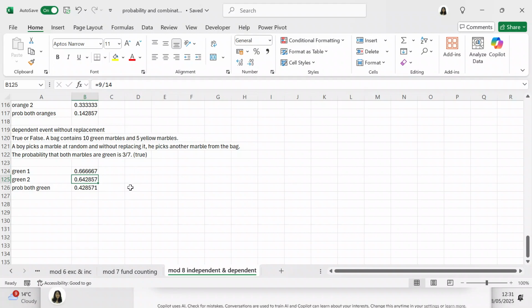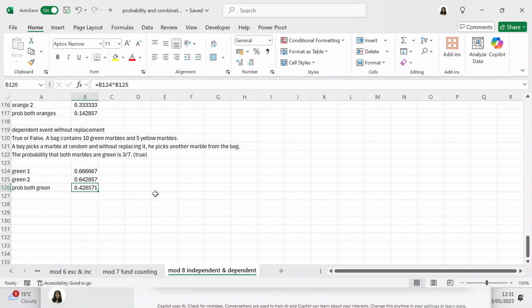So you've got 9 divided by 14, which is 64.28%. And then both green marbles is green 1 times green 2, so that's 42.8571%.